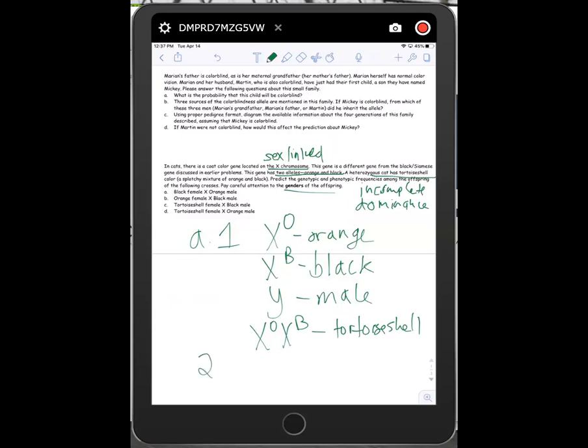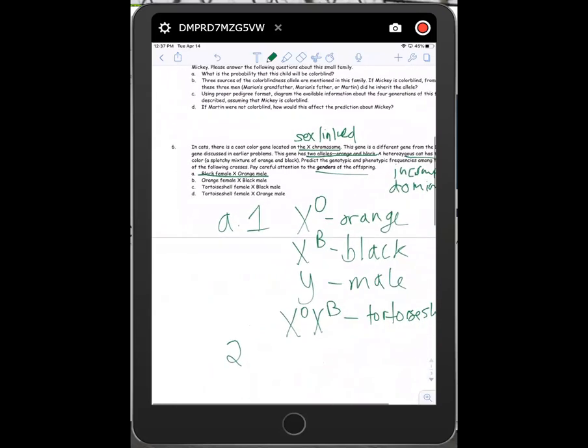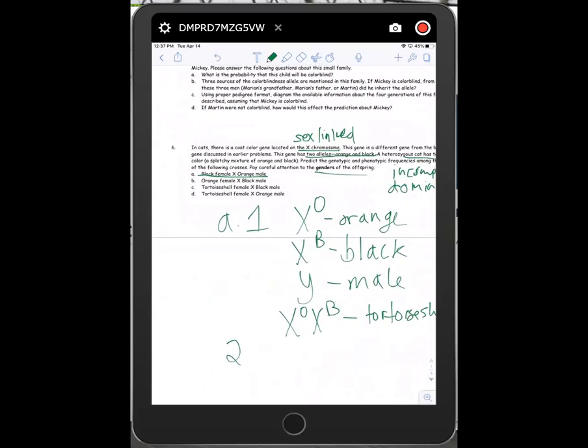Step 2 is figure out the parents. So let's go back here. A black female and an orange male. Okay, so black female is going to have 2 X's. And then let's look at our code.